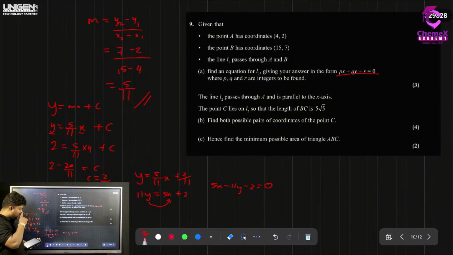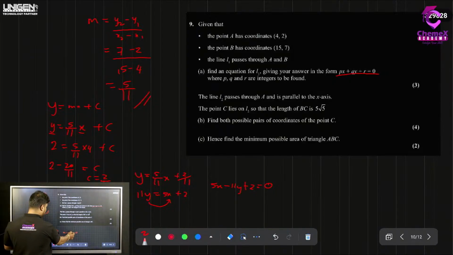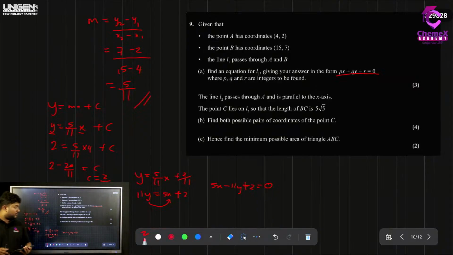Any doubts? This is going to be plus 2. We didn't come from the other side, it stays on this side. Okay. Any doubts with that question? 5x minus 11y plus 2. Hope it's all clear.